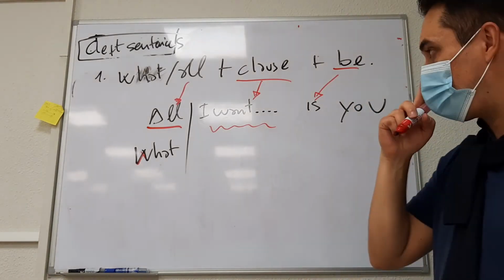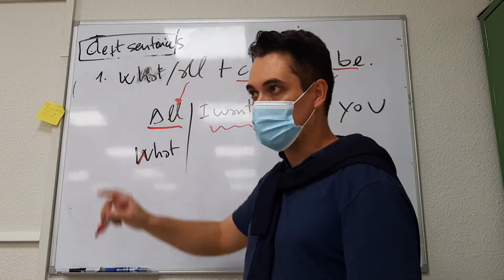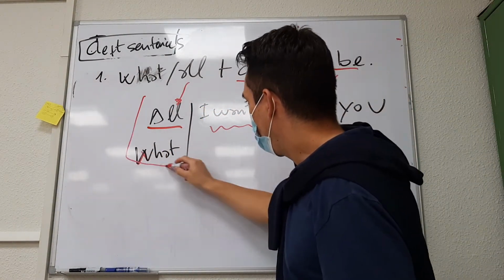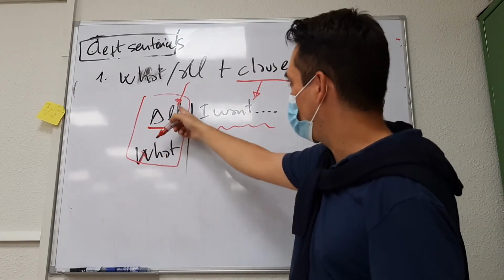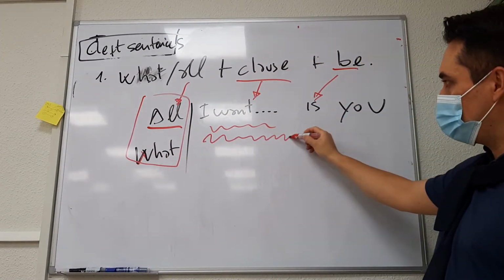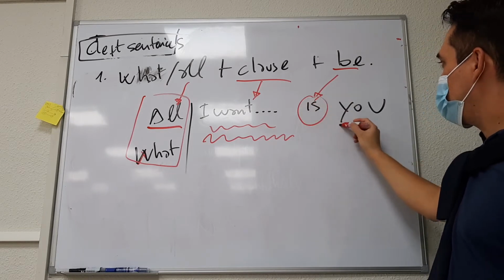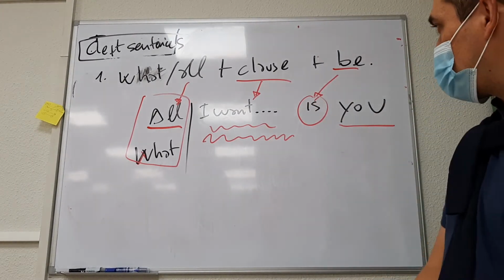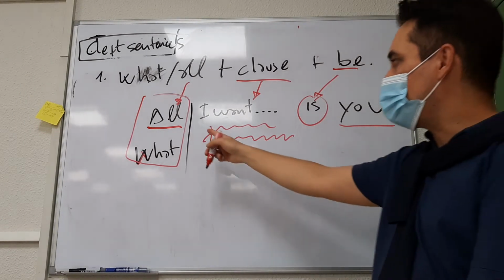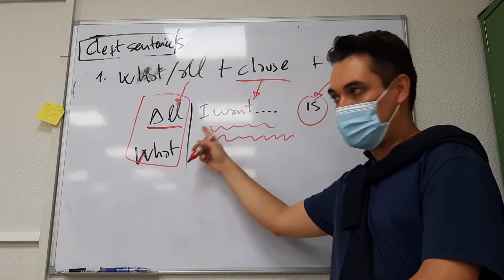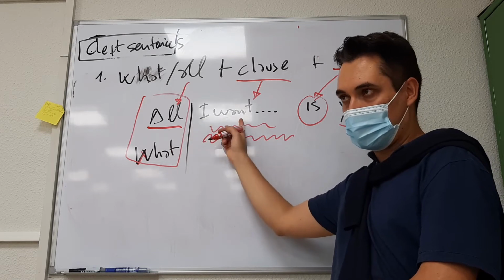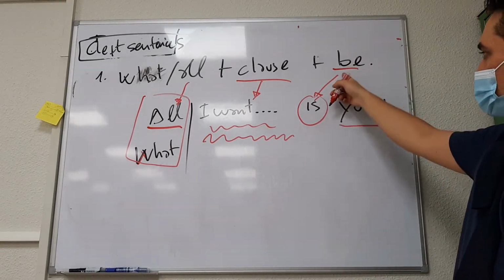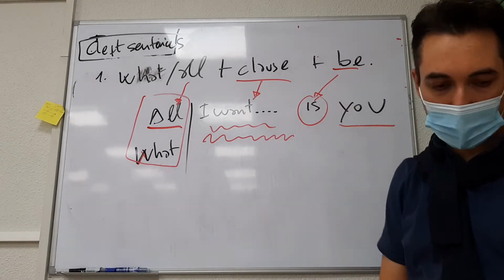So this is the first type of cleft sentence: all or what, then the clause, then the verb to be, and finish off your sentence. As you can see, there is no inversion after all. All I want, what I want. No inversion here, but you do have the verb to be followed by the object.